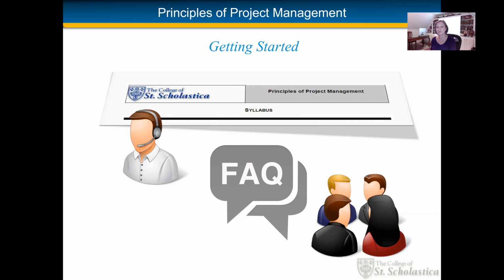You'll also find a link to the participant frequently asked questions page. Please go there first if you have a technical question. You'll probably find that it's been answered already. If you can't find your answer there, you're welcome to call the technical support staff, and that link is listed in the left navigation menu as well.